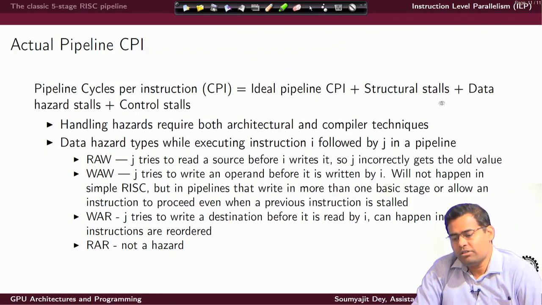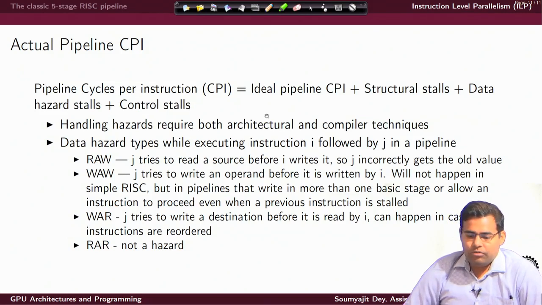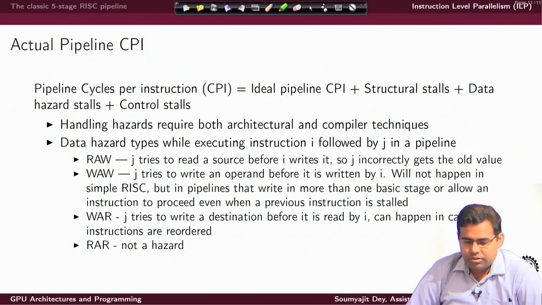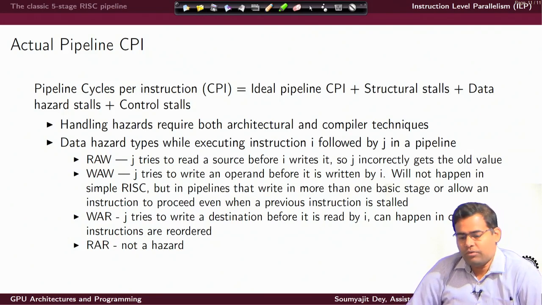That induces a structural stall, and similarly there can be data hazard induced stalls as well as control hazard induced stalls. Now, the question is, how are such hazards detected and handled? There are various techniques for that. As a collection of all these different phenomena, the actual pipeline's CPI deviates from the ideal pipeline CPI.